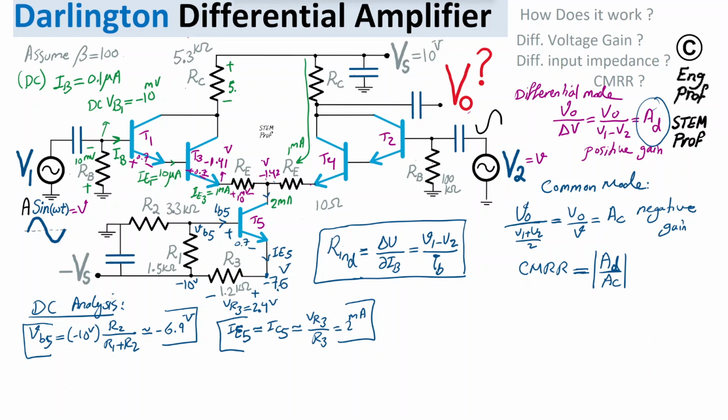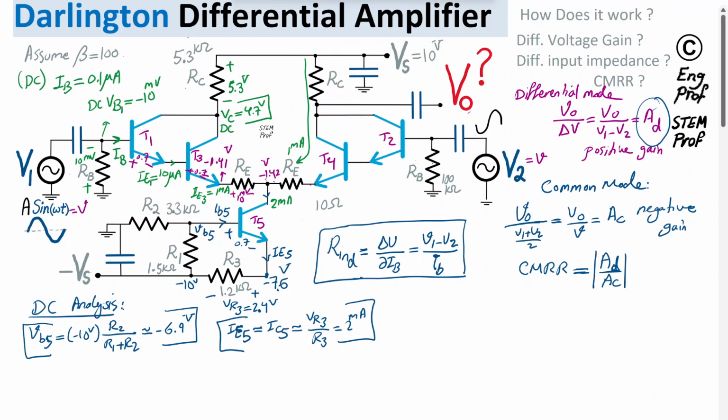Starting from 10 volt here, that means the collector DC voltage, V collector DC, is going to be 4.7 volt, which is a very good bias point because it's almost midway. We are very good in terms of maximizing dynamic range or swing at the output of the circuit, even though we might not need it.